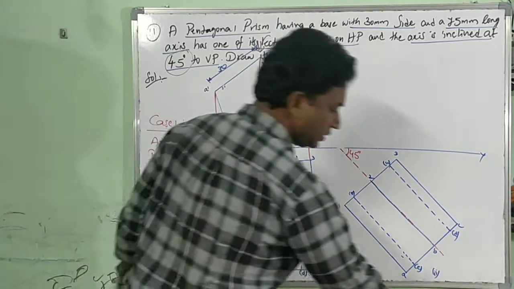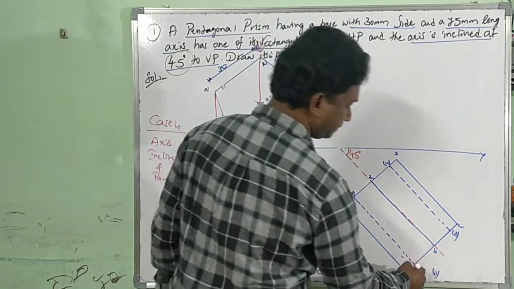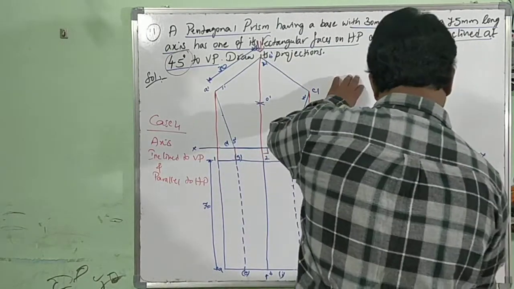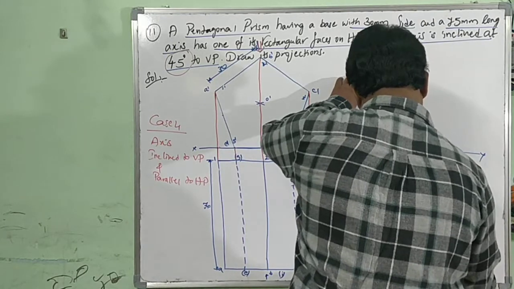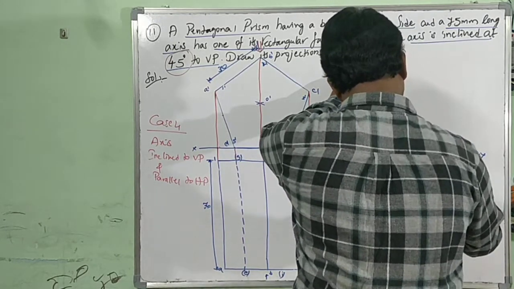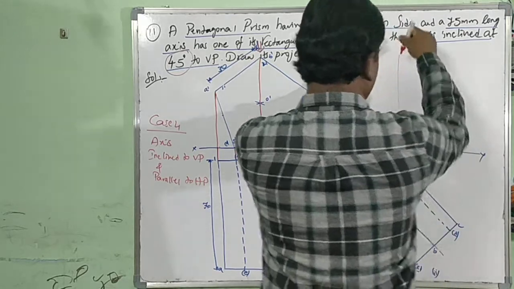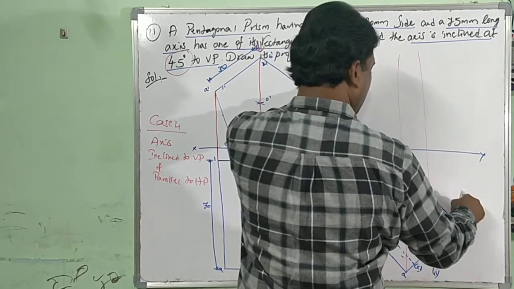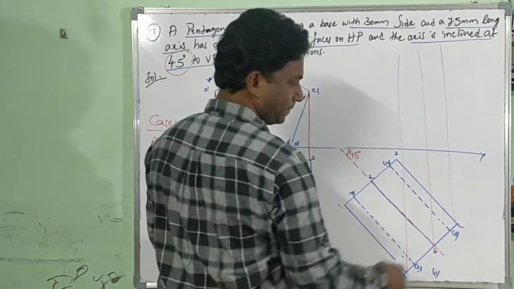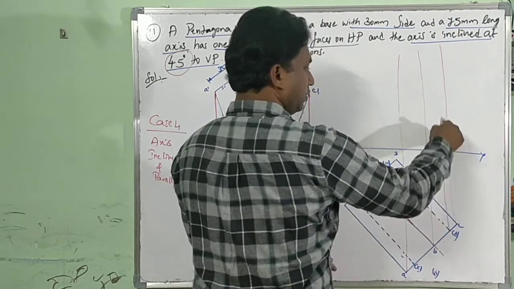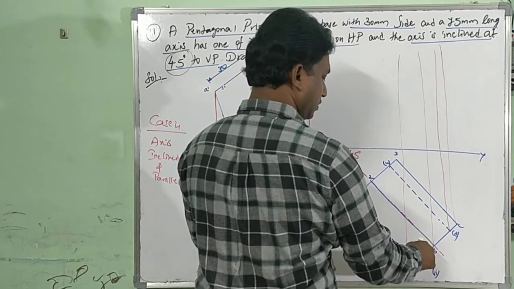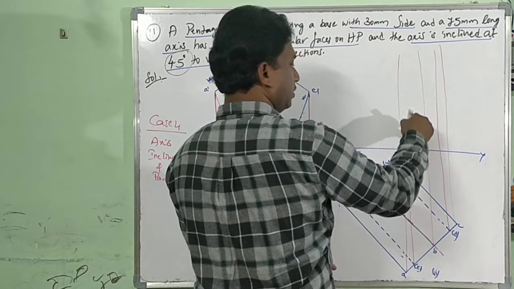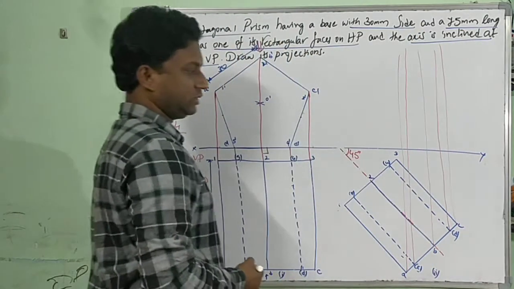Now coming to the front view, projectors from A, from B, from C, D, E, vertical projectors.